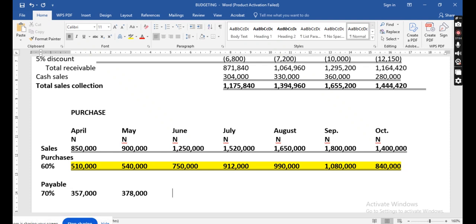378,000. 693,000. Please, someone should confirm these figures.